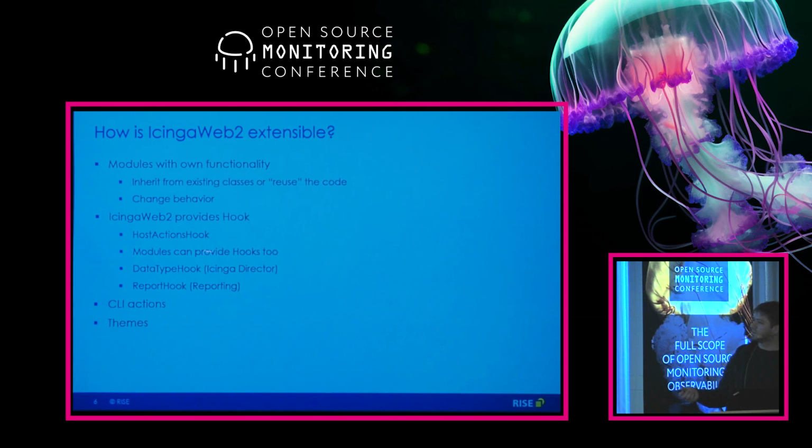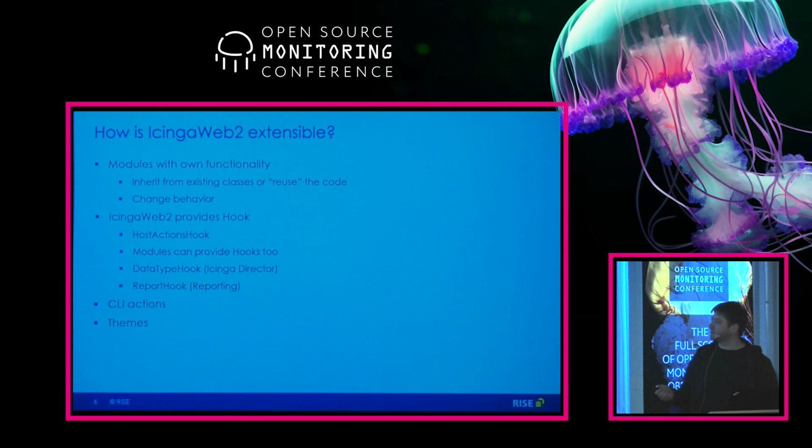Some examples are, for example, the host action hook. If you know the Icinga Director, the inspect feature, that's implemented there. Then you have other hooks, because modules can provide hooks too.